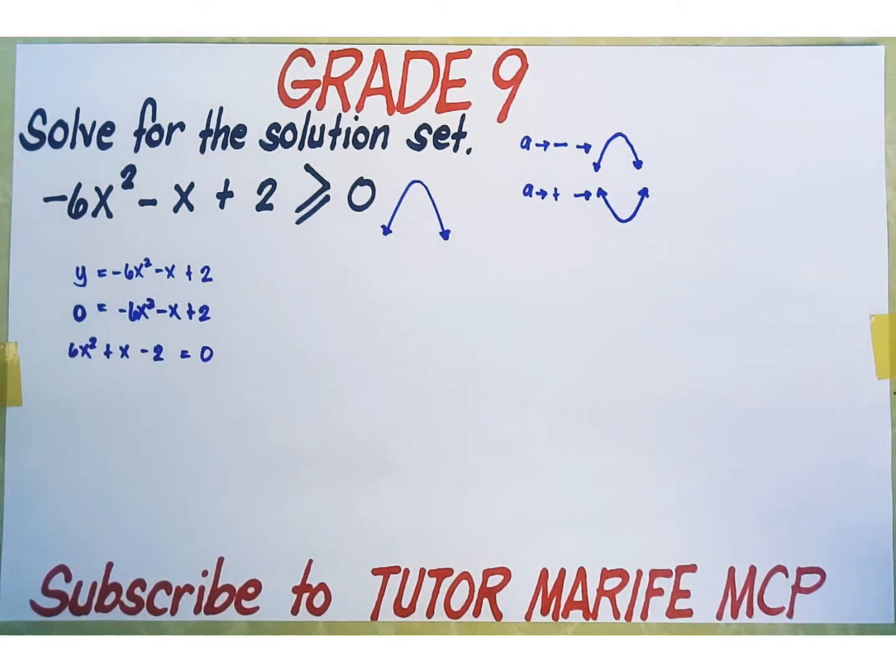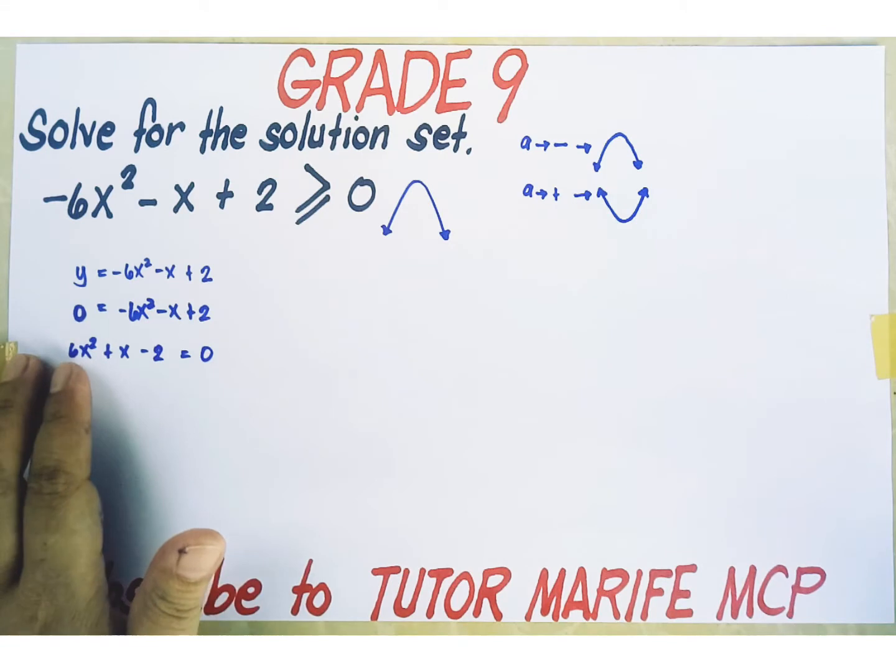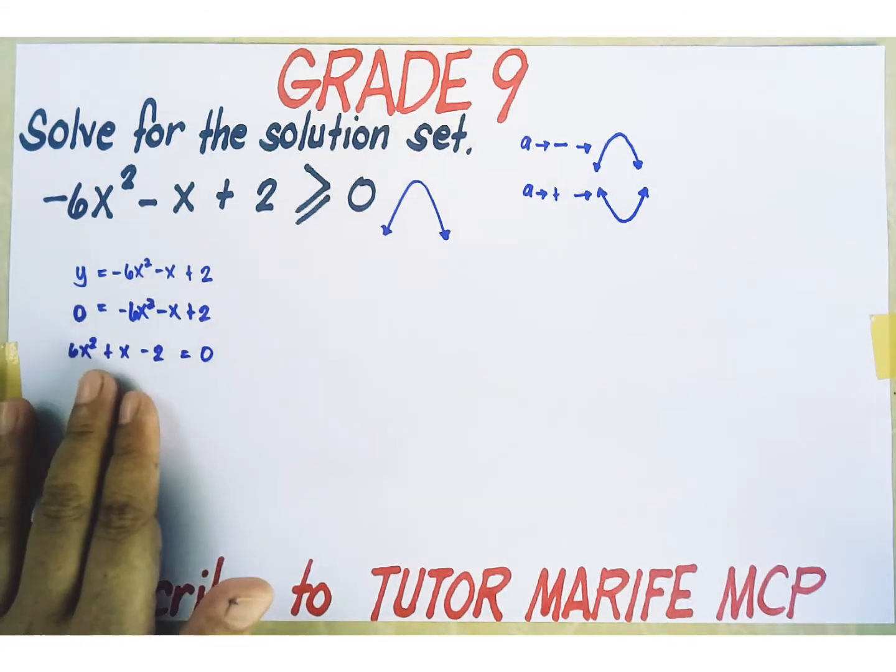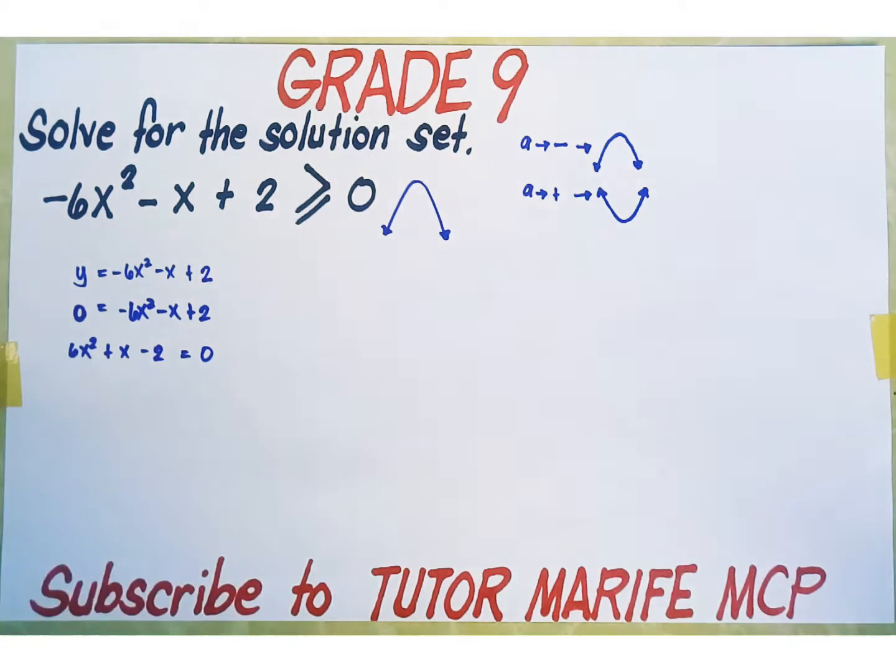What are those four methods? The square root method, factoring method, completing the square method, and using the quadratic formula. I'll solve for x using the factoring method because the quadratic expression on the left is factorable. And I will use the AC method to factorize the left side.